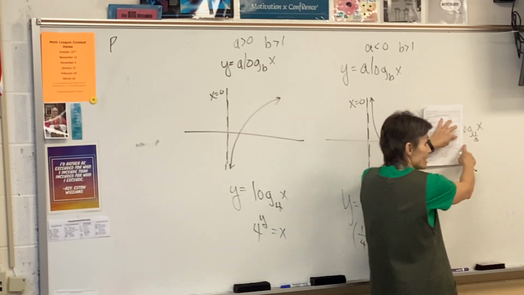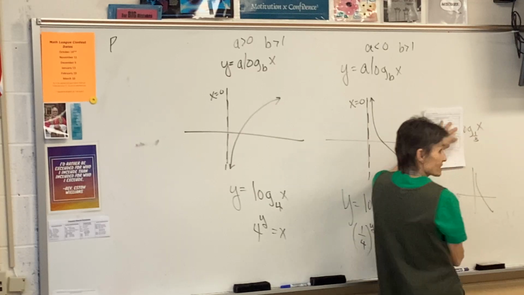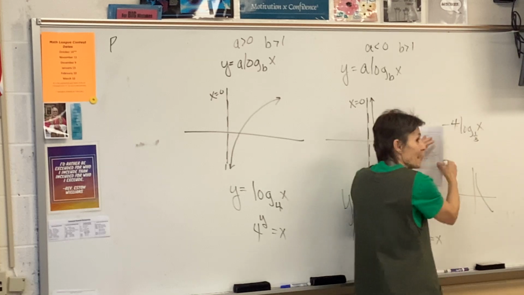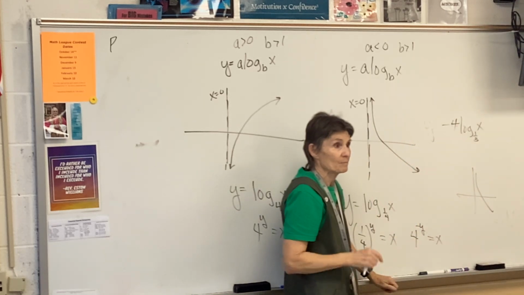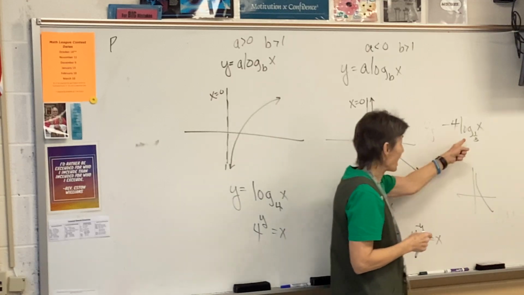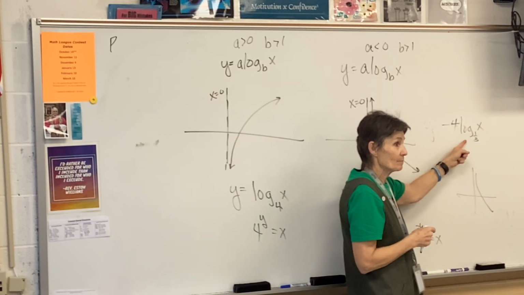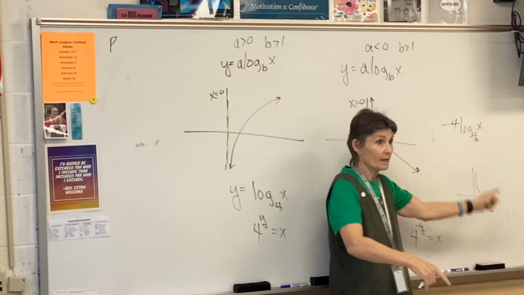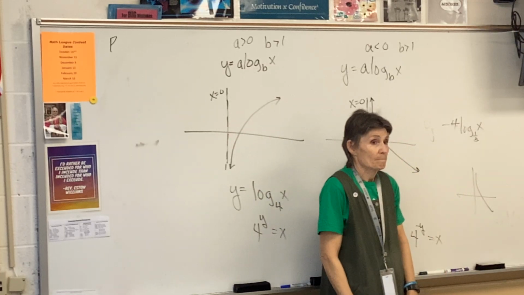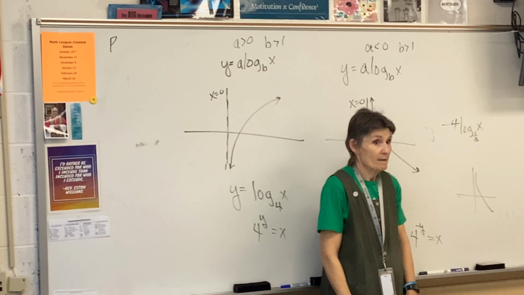So this is already like this. Well, what happens when you put a negative out in front of that? It flips it again. Isn't that a double flip? So what's that going to look like? That one right there.